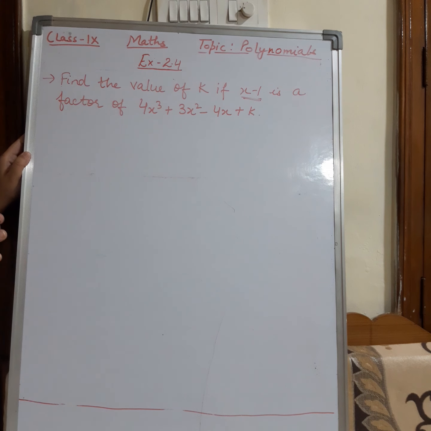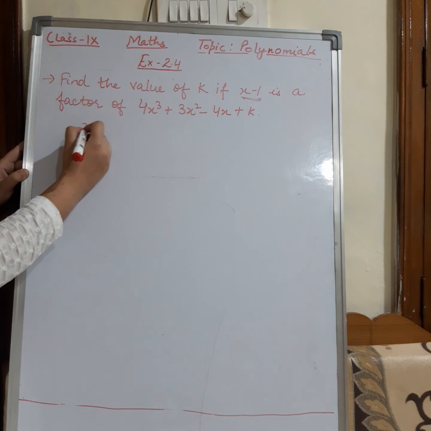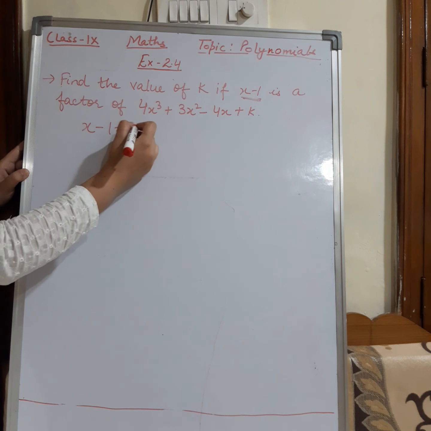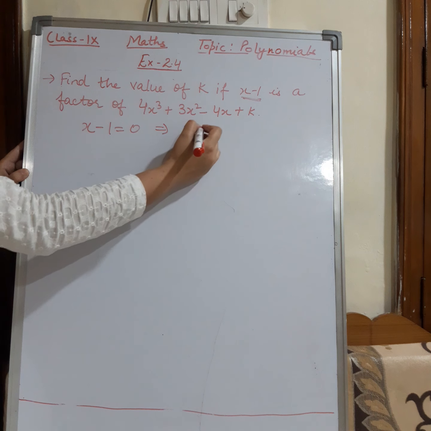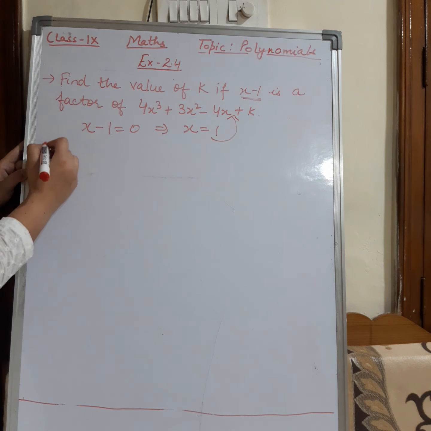That means whichever remainder we are going to get, that should be equal to 0, because when one polynomial is a factor of another, on division we always get the remainder as 0. That means I have to apply the remainder theorem here. Now what is the method of getting remainder? First of all, I'll put x minus 1 equal to 0. x will be equal to 1.